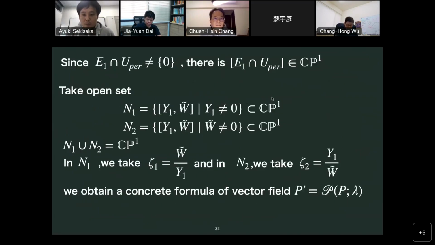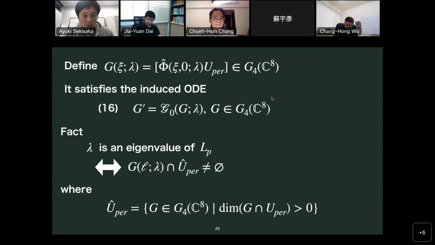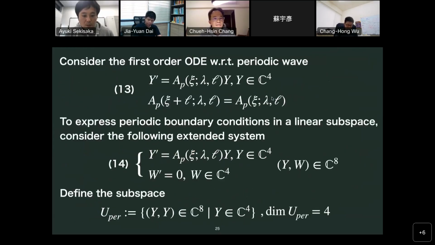Yes, it is because we want to express it as boundary conditions to linear subspaces.